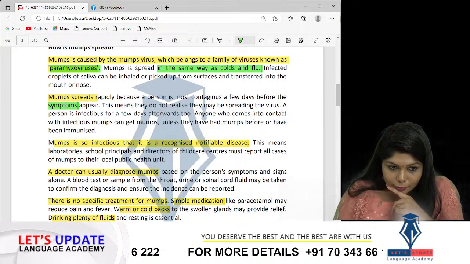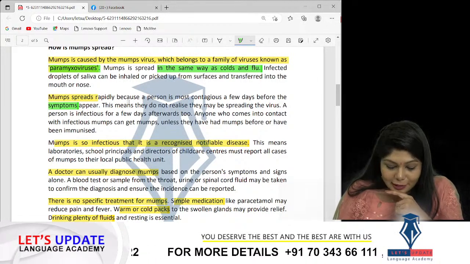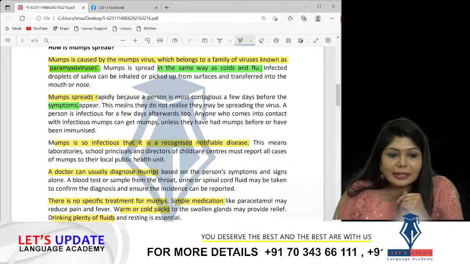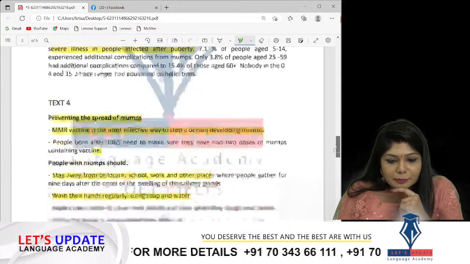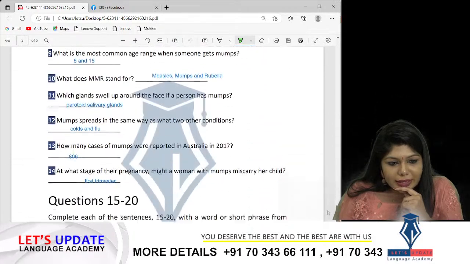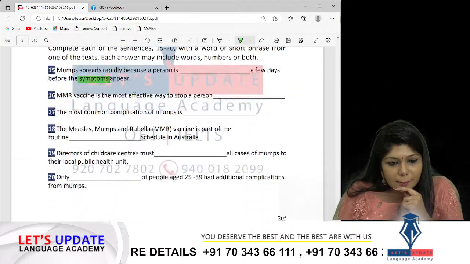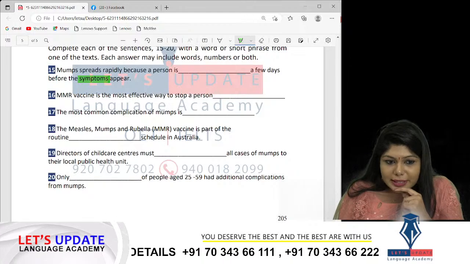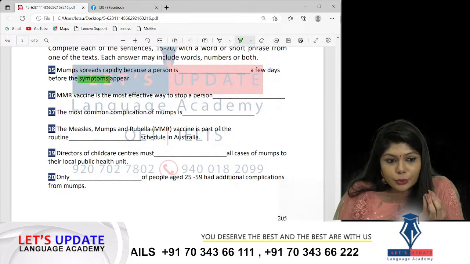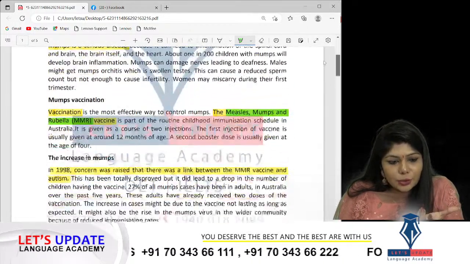So please come up with your answers in the comment box. What do you think the answer would be? The question was: mumps spreads rapidly because a person is dash a few days before the symptoms appear. So, what is the word?